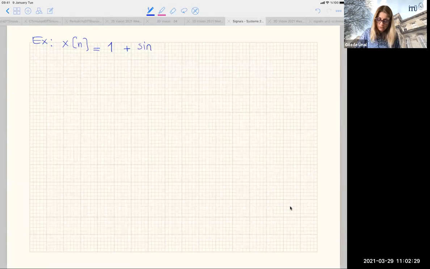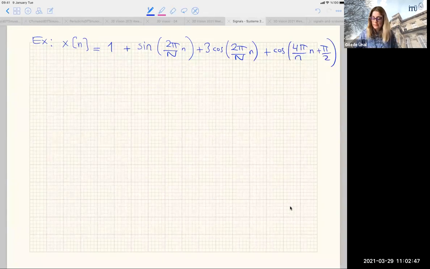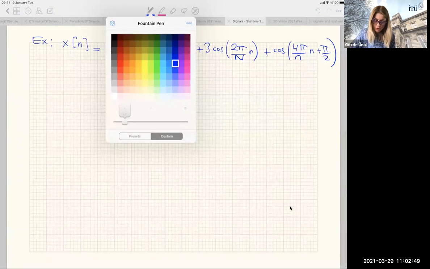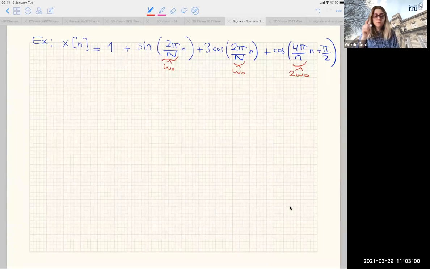Sine 2 pi over N plus 3 cosine 2 pi over N plus cosine 4 pi over N plus pi over 2, for instance. Now, first of all, let's say this is omega 0 hat, and I have 2 omega 0 hats here. The fundamental frequency, but normalized frequency.